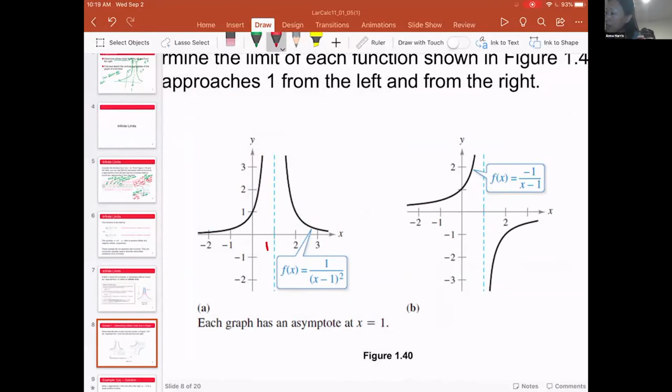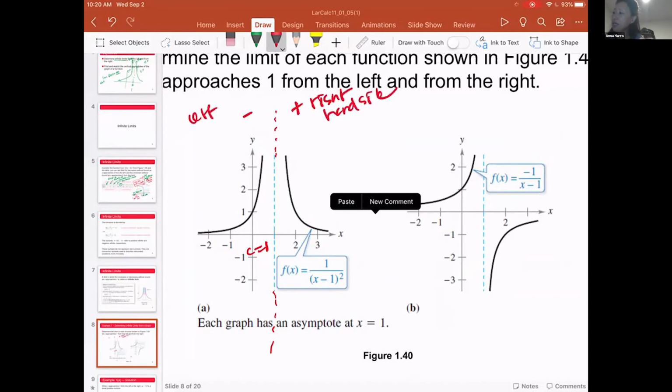And this is 1, that's my c equal to 1. So this is your dividing line. I'm going to call this your positive, and this your negative. This is my right-hand side. This is my left-hand side.